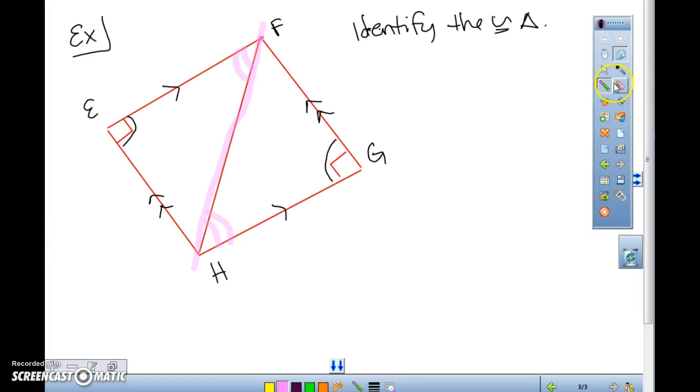And this one and this one. These are alternate interiors as well, for the same reasoning. So they're congruent. Now let's look at the sides. Are the corresponding sides congruent?